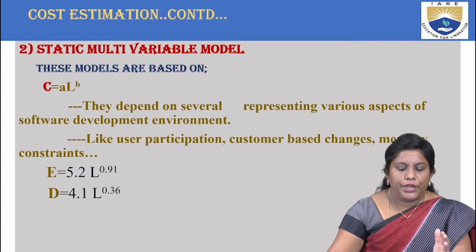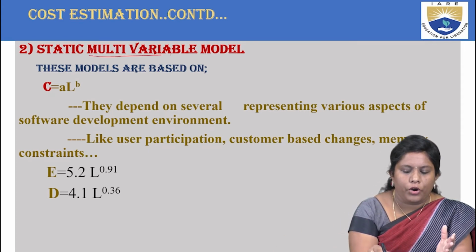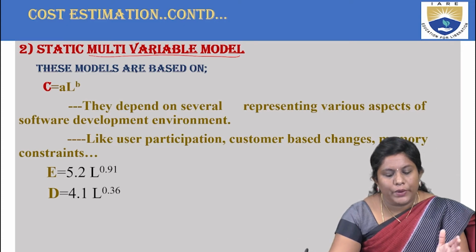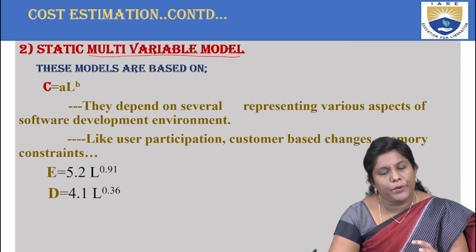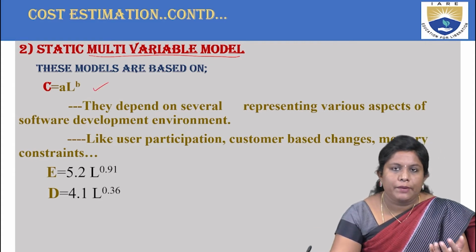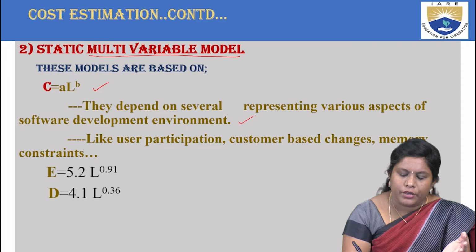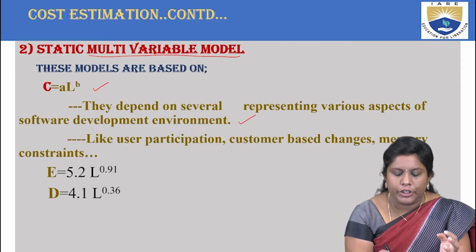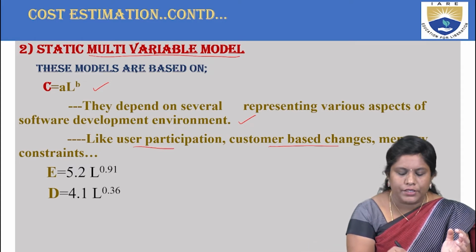Right. Now, you have the second model, that is the static multivariable model. So that was a single variable, and this is the multivariable model. You will be able to calculate these models again based upon some formulas, where cost is C equal to A cross L to the power of B, where A and B are constants, right? They depend on various aspects in an environment. So those aspects can be the user participation, the customer based changes, and the memory constraints.